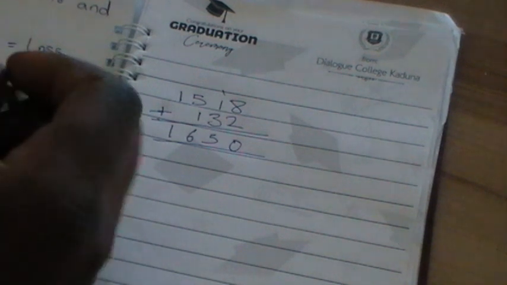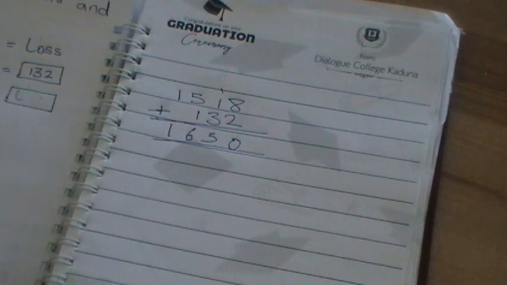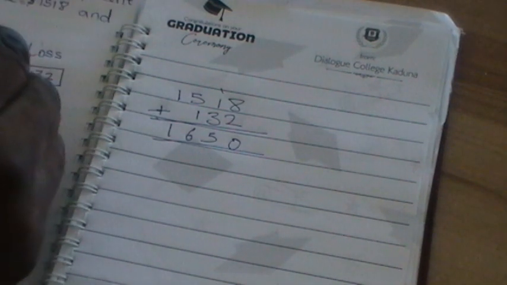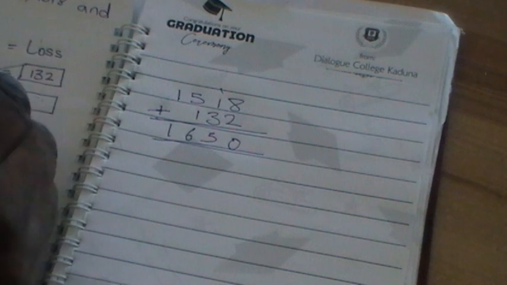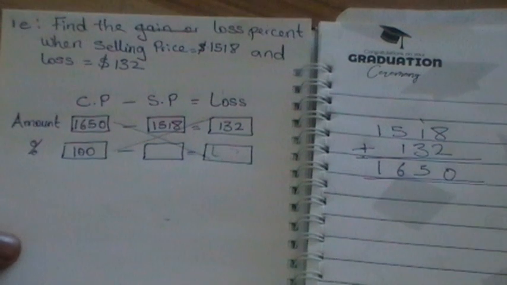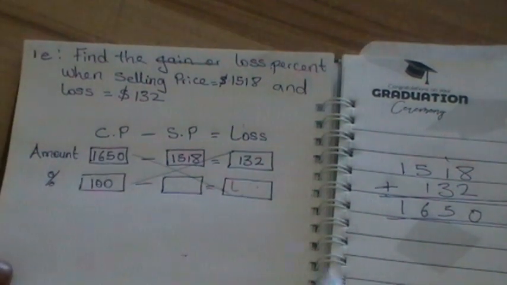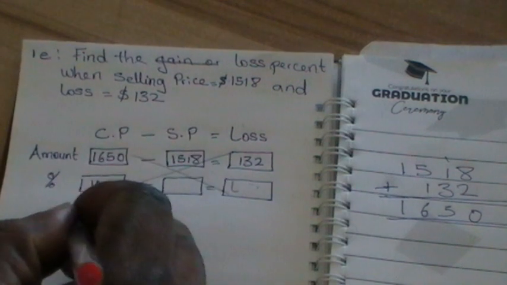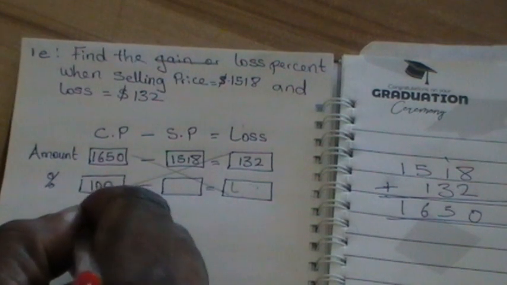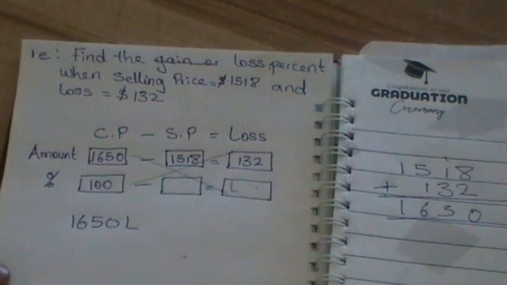To get your loss percent here, let's represent that with an L. Remember what I said yesterday? Cross multiply. Cross multiply. To get your loss, you cross multiply. So 1,650 times L is 1,650 L, right?